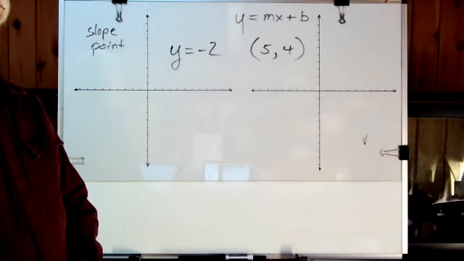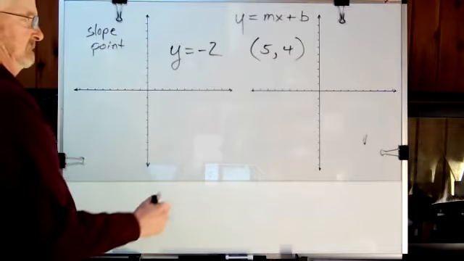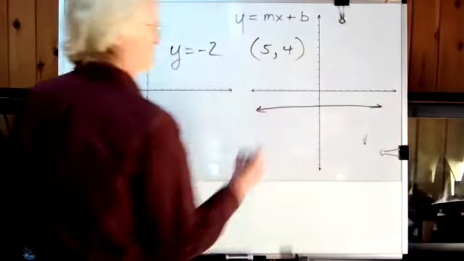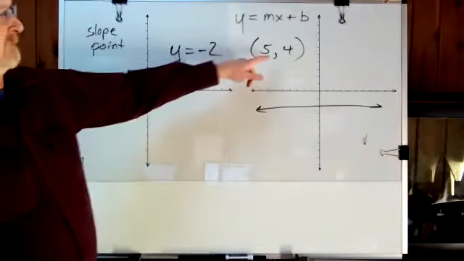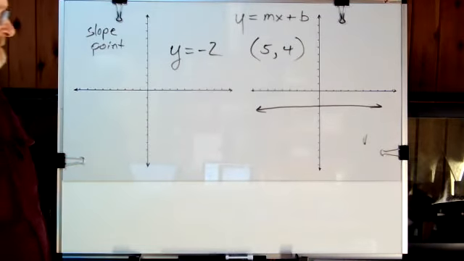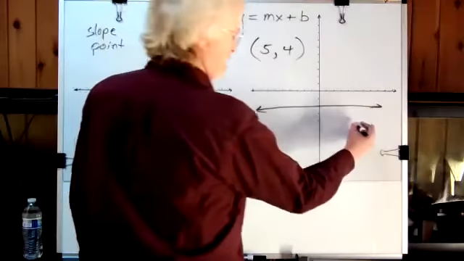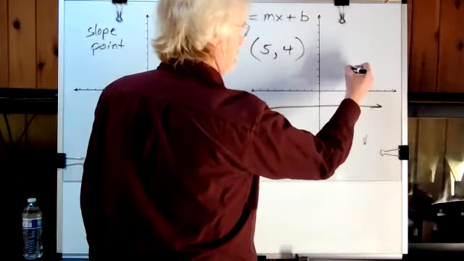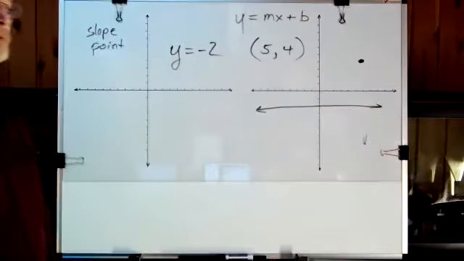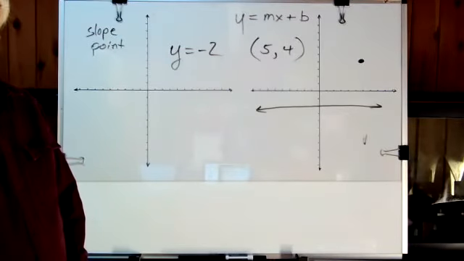Draw yourself a picture if necessary. Here's the one I gave you. I want to go through that point and be parallel to this. See, that point's out here, 1, 2, 3, 4, 5, -4 or 5, 4, okay. Somewhere up here. What's parallel to that?